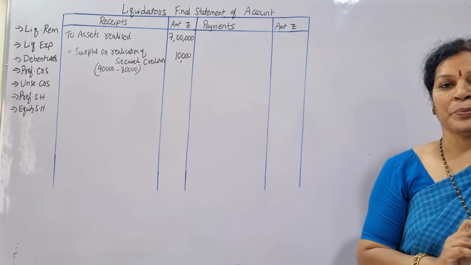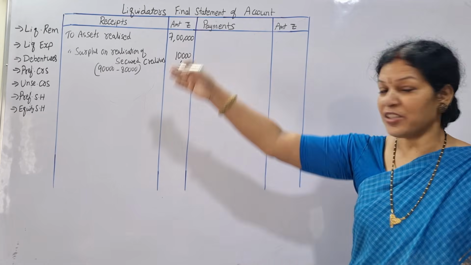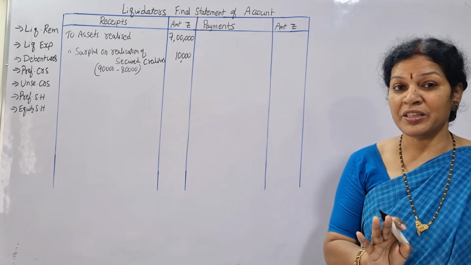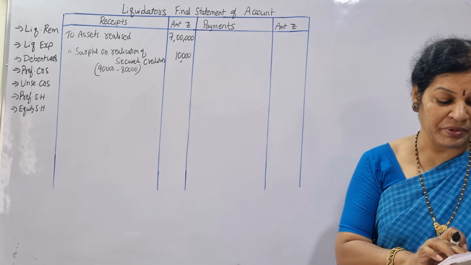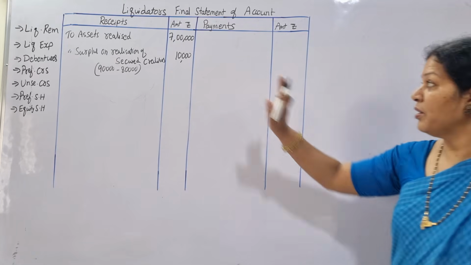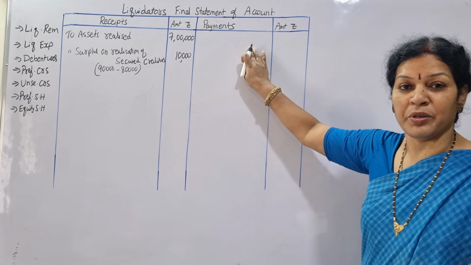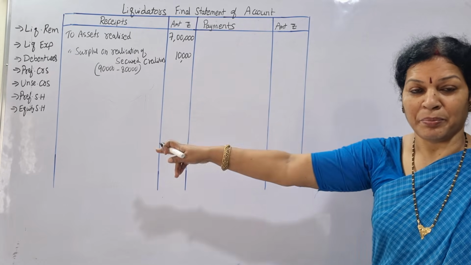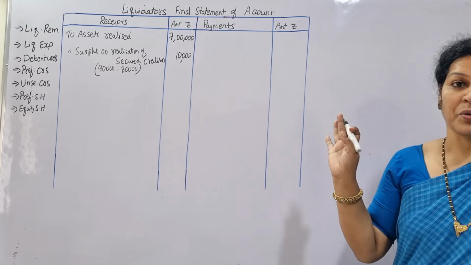Now the payments. First of all, as per the order, search for the liquidator's remuneration. It is already given: liquidator's remuneration is 15,000. First we'll write liquidator's remuneration. Payment should be made as per that order only.